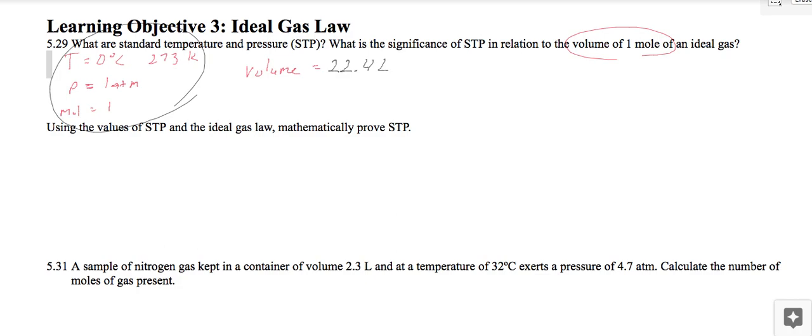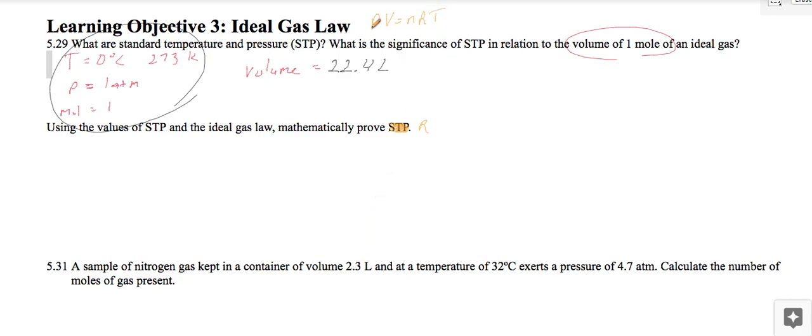Now, what's great here then is that we can use that information to be able to mathematically prove, this is a mistake, get rid of that, R. So if we look at the next part here, which is the ideal gas law, this is our friendly PV equals nRT.